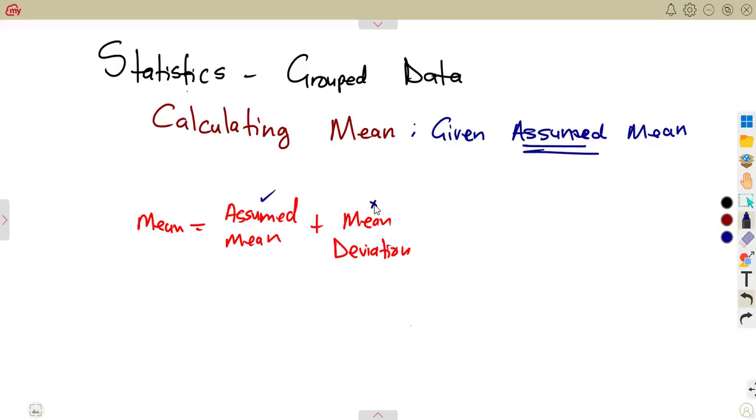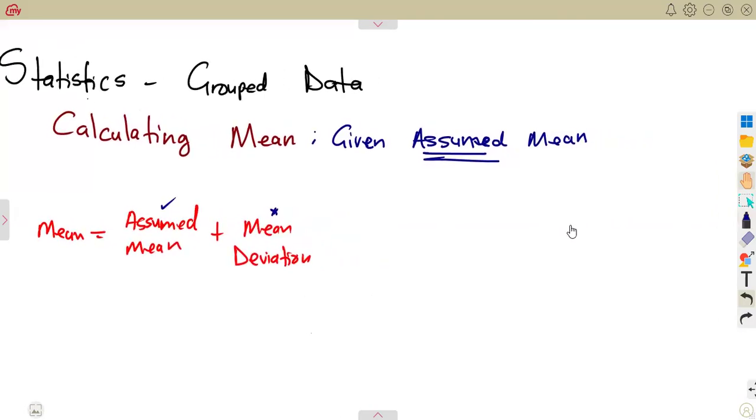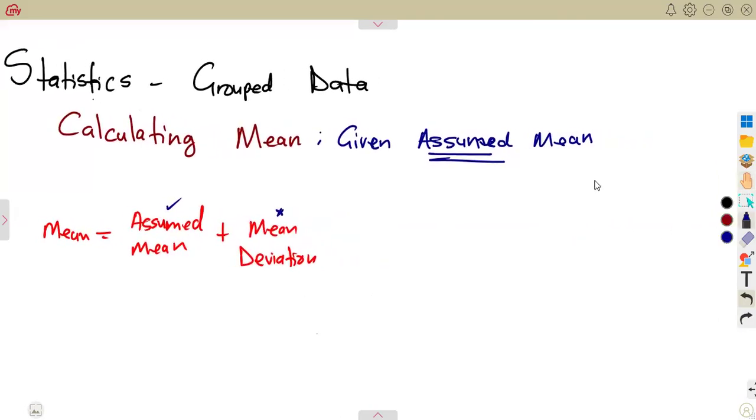But the mean deviation, you are not given. You are the one who is supposed to calculate that mean deviation. So what is the mean deviation?